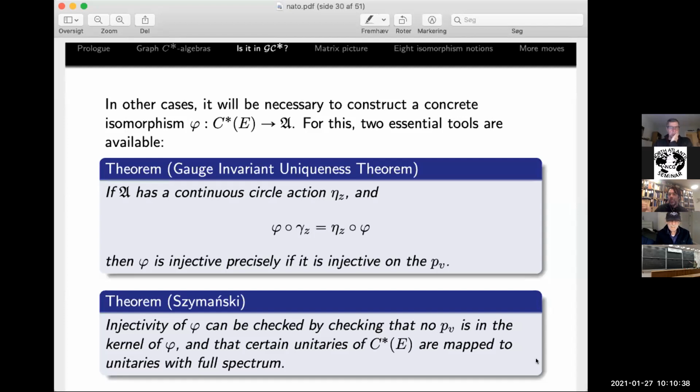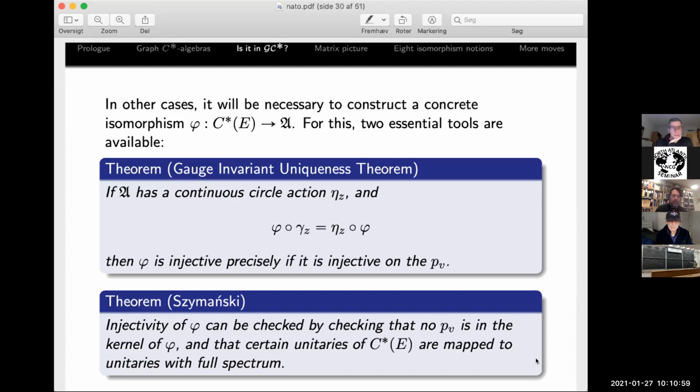This is something that I'm hoping is an isomorphism, but now it's just a homomorphism. I would like this to be injective, and if I can make it so that it commutes with the gauge actions, the canonical one on the graph C-star algebra and the homemade one on A, then you can check injectivity just on the projections, which of course is a lot easier.